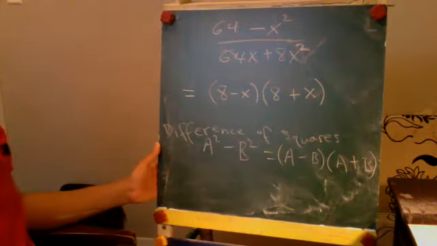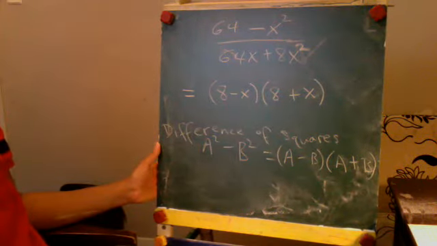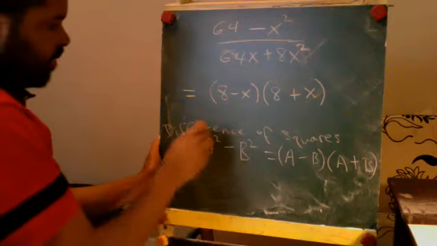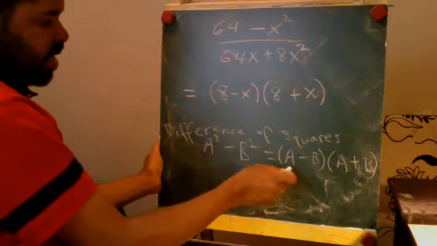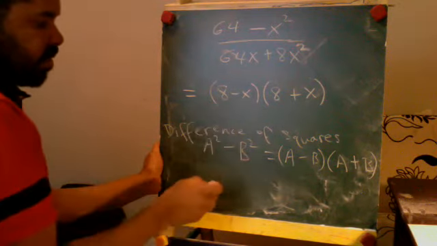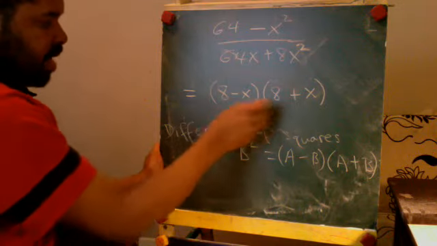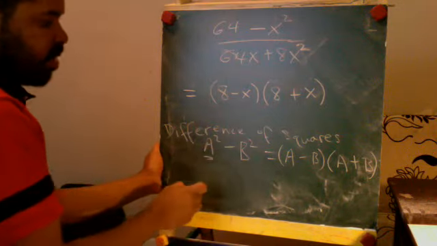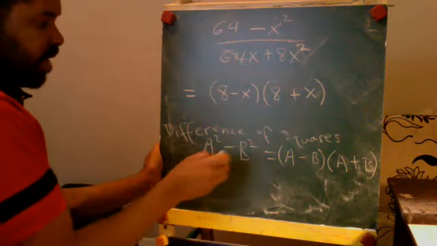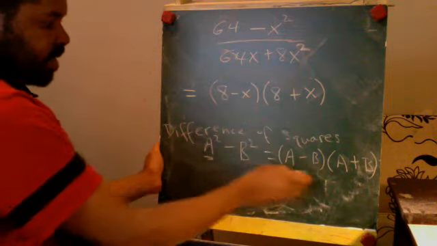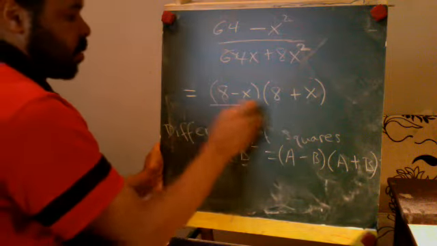It's a concept that comes up in high school algebra. And so what I have here is my a is 8, right? So 8 times 8 would be 64. And if you notice here, my b is going to be x. x times x is x squared. That's where I got that from.